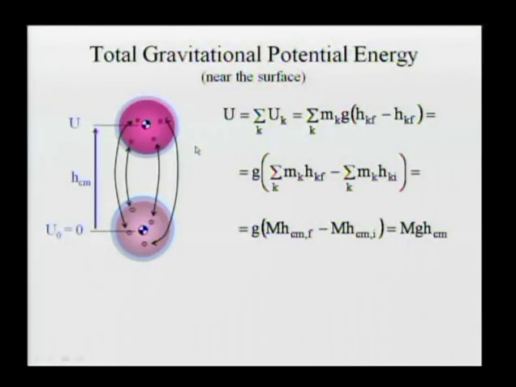So again, you can see that for the engineering purposes for which we make small objects, gravitational potential energy or work done by gravity, when we consider an object as a particle, is really associated with the position of the center of mass. It's not in general though.